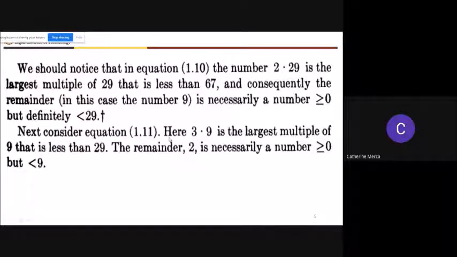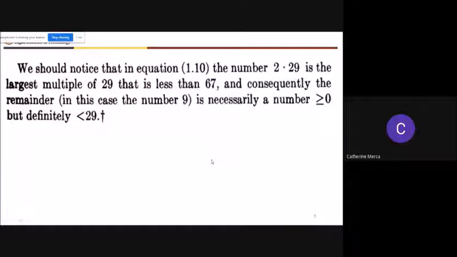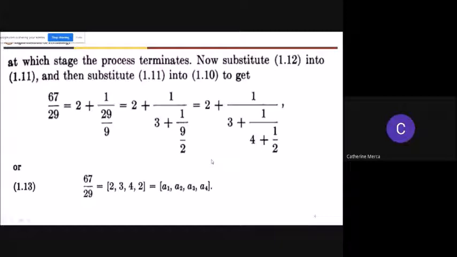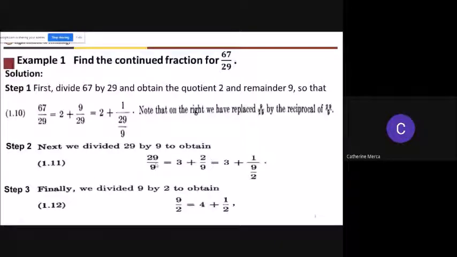For 1.11, you have 3 times 9 is the largest multiple of 9, and the remainder is 2. So 29 over 9 is 3 plus 2 over 9, because 3 times 9 will give you 27. So that's the largest value there when you divide 29 by 9.